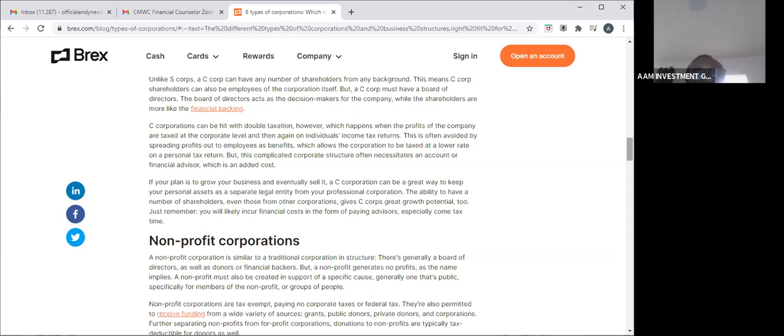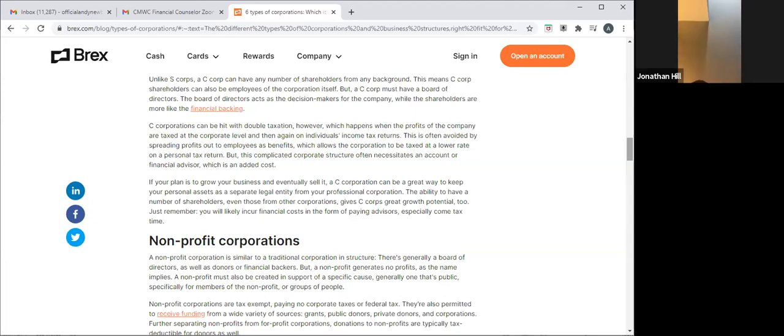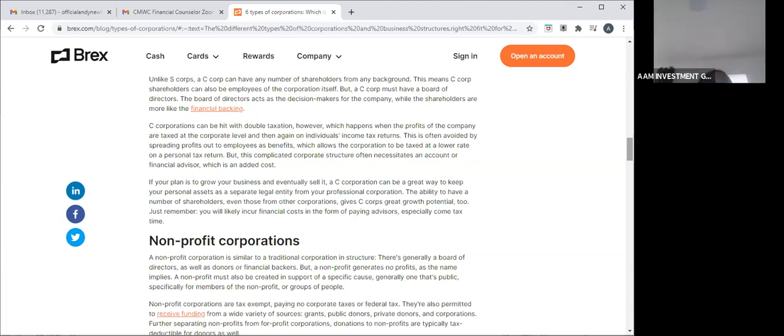You guys see that? All these things that we do by creating corporations are all about asset protection. So as a C Corp, if you want to sell your business, you can keep your assets. Is that correct? Absolutely.